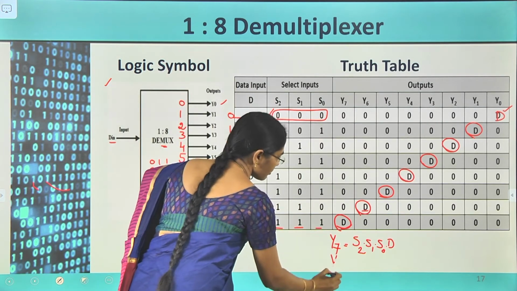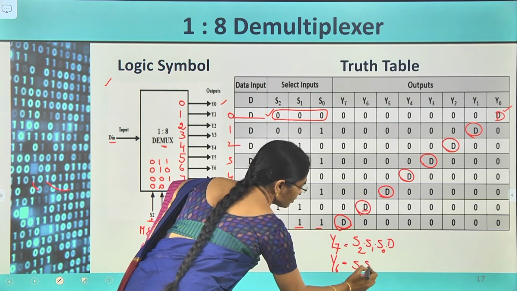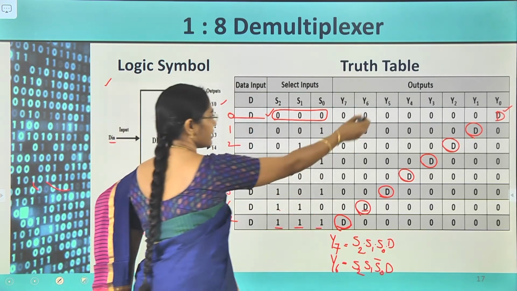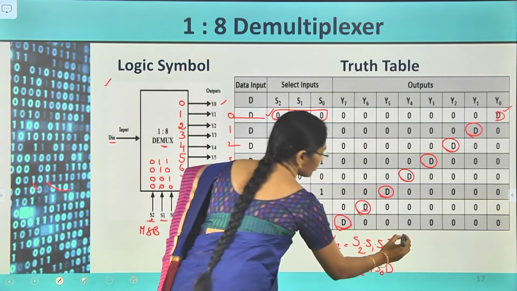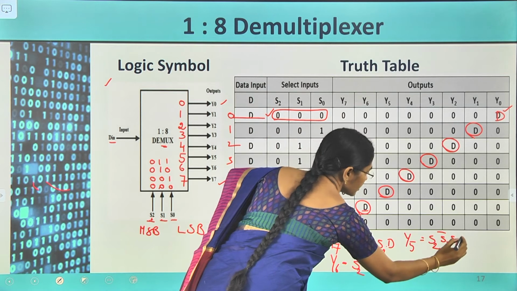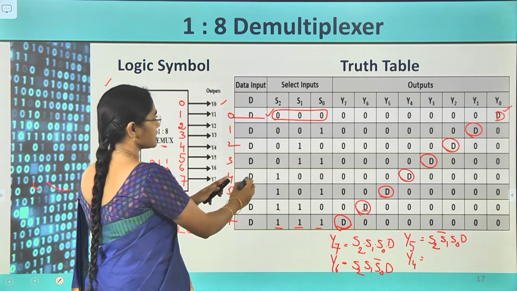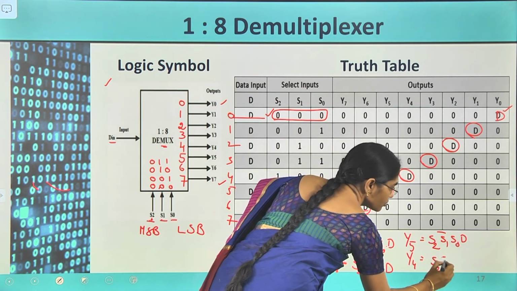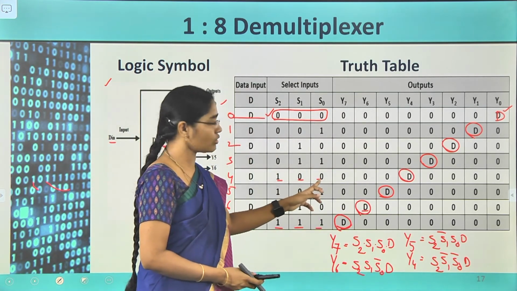Similarly, for Y6, that is the 110 case, so Y6 is S2 into S1 into S0 bar into D. For Y5, it is 101, so Y5 is equal to S2, S1 bar, S0 into D. Y4 is when the selection signals are 100, so S2, S1 bar, S0 bar into D. Like that, if the selection signal is 0, take its complement.